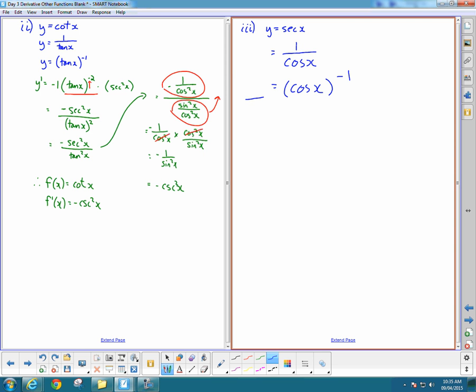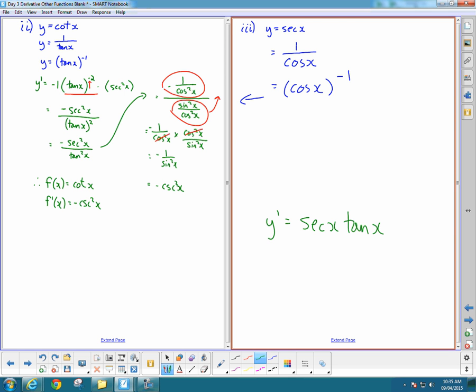Then follow the same process and see if you can reduce down. I'm going to tell you the answer once you're done. You get down to secant x tan x. So it turns out the derivative of secant is secant x tan x.